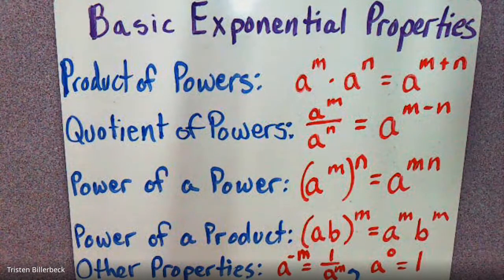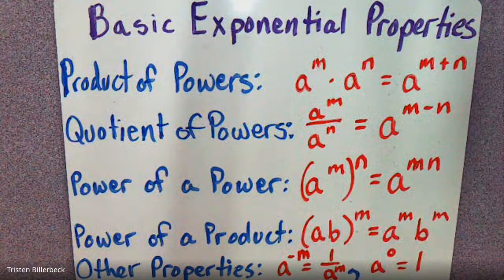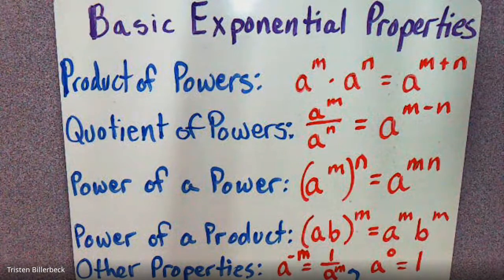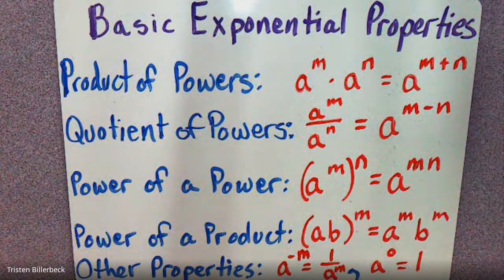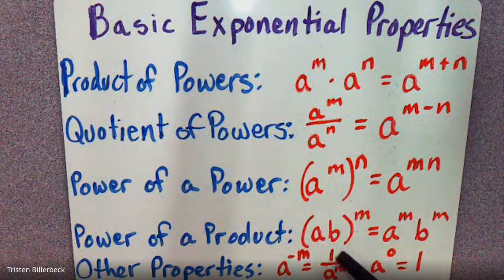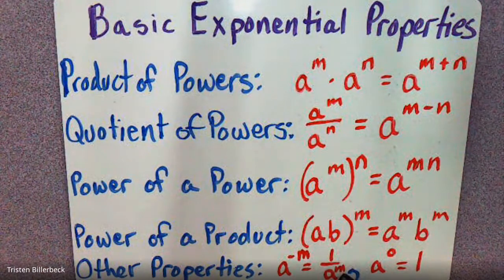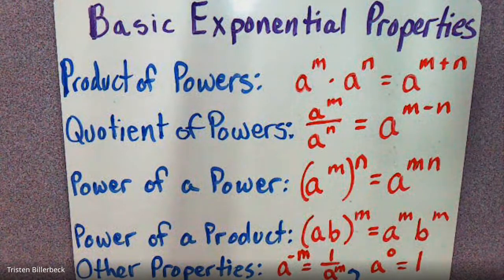This base a is not happy about being there, and it wants to be on the other side of the fraction bar. So that's when we use a negative to move the base to another side of a fraction bar. So if we wanted to move this up to this part of the fraction, we would just make that a negative m, which would be a to the negative m. Now a to the 0 equals 1.